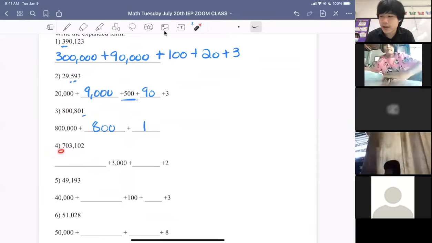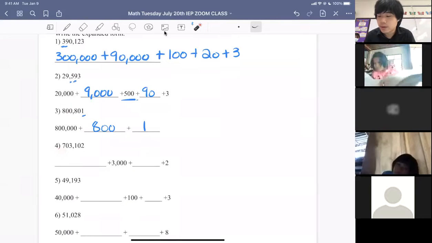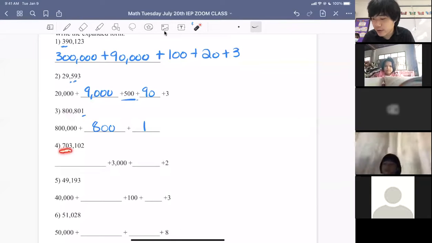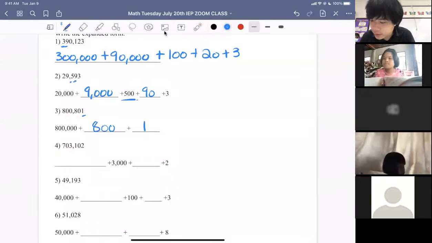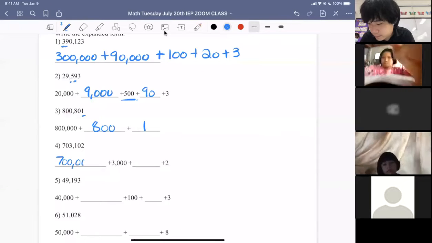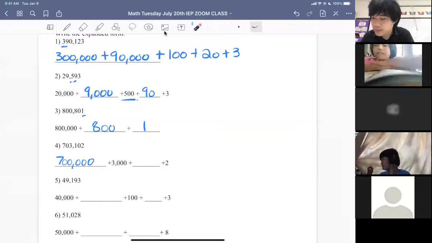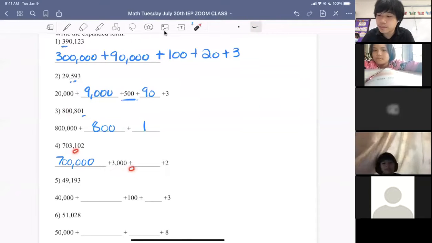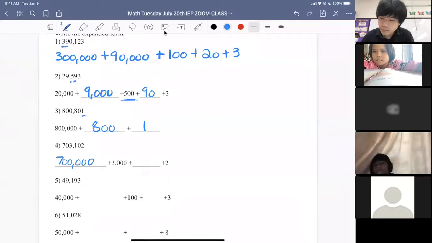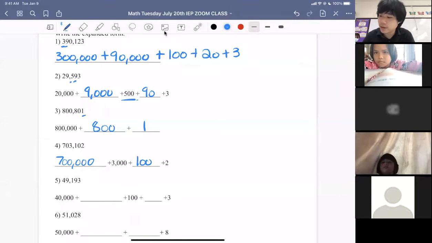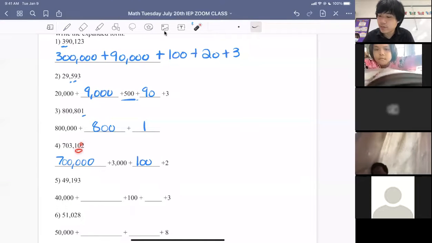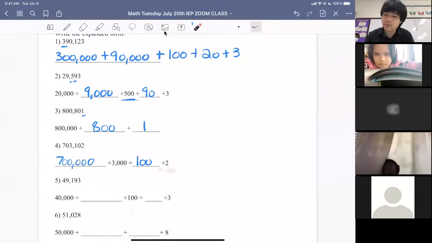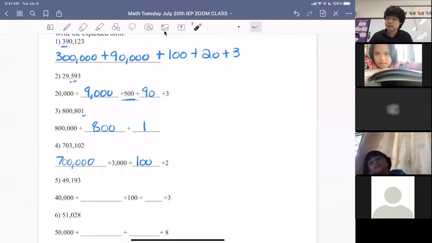We have 703,102. So very good. 700,000 plus 3,000 plus, what is this 1? 100. Very good. And then we have nothing for the 0 and plus 2. Good.